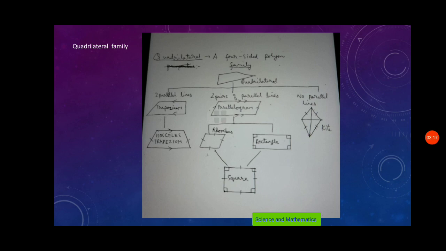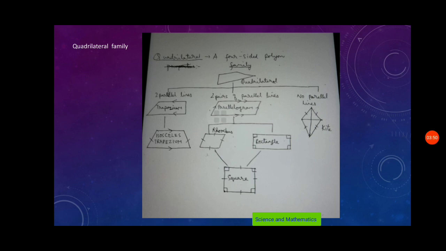I will explain, then I will also give some questions and explain how to do those questions by using the properties. These properties are very important in various questions, not only those related to quadrilaterals but also in congruency, and later on in various chapters you will need this to do geometry type questions.